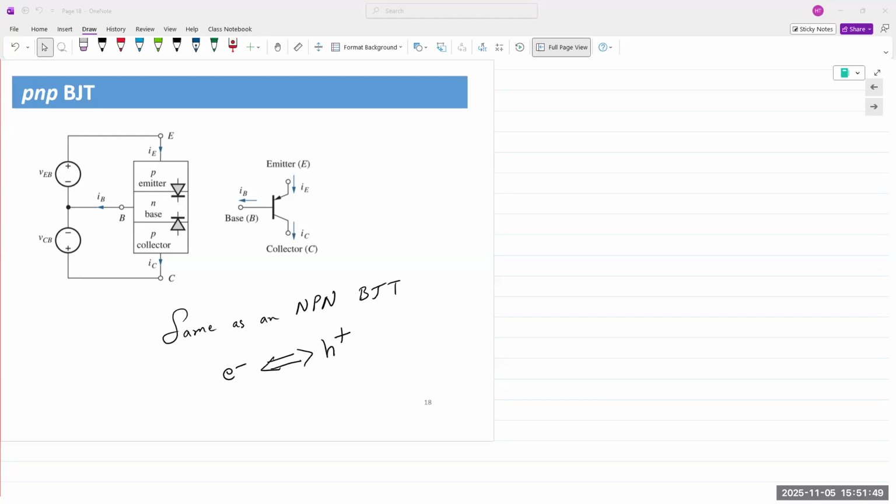Okay, one at a time. Go ahead. PNP would be slightly worse. What do you think? Anyone else? Well, worse in terms of speed.